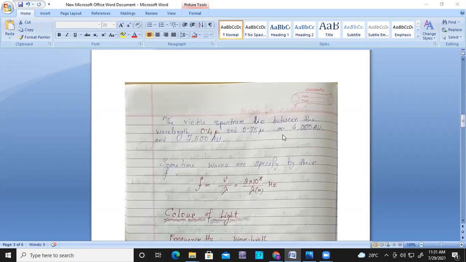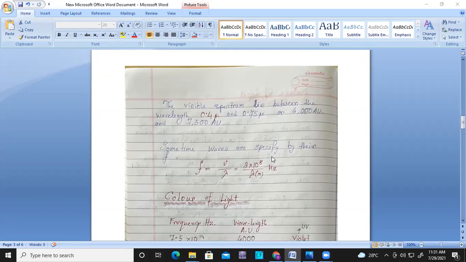Okay, and the visible spectrum you have seen. Again we have to remember that the wavelength is 0.4 micron to 0.75 micron, or we may call it 4000 angstrom to 7500 angstrom. Okay, and sometimes it is also denoted as the frequency.